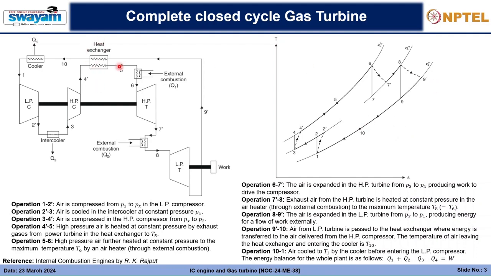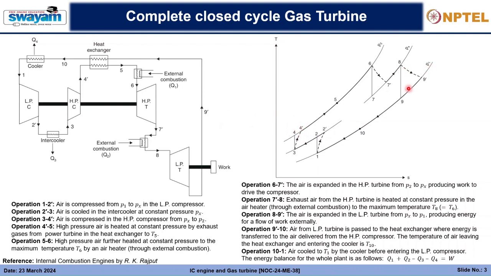So this is a regenerative process, because we are regenerating the heat through the waste exhaust gas heat. We are utilizing the waste, and hence the efficiency will obviously increase, and there is an effectiveness associated with these heat exchangers. What is the effectiveness? From 9 dash we could have supplied enough heat so that the air loses its heat down to the inlet conditions of the cold air, that is 4 dash.